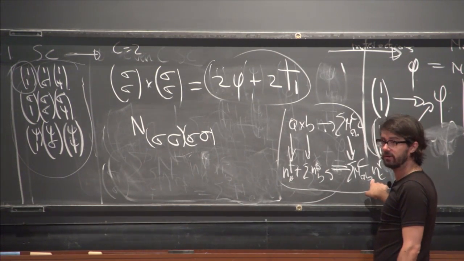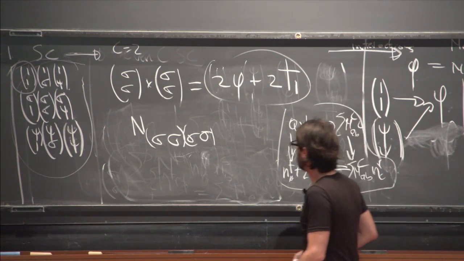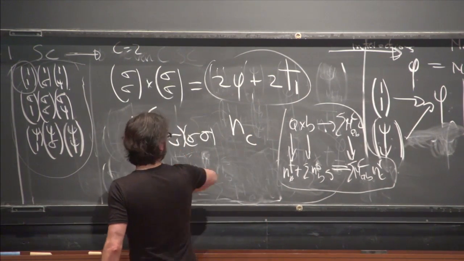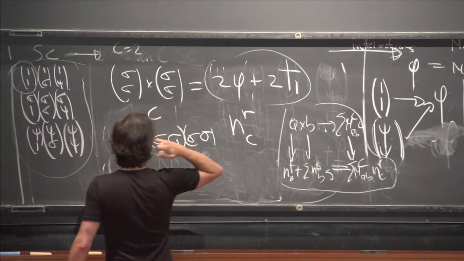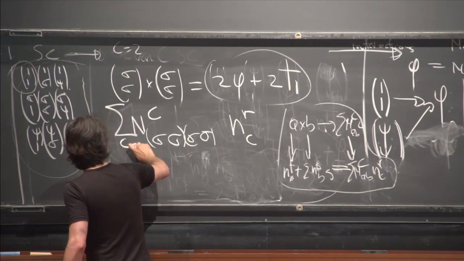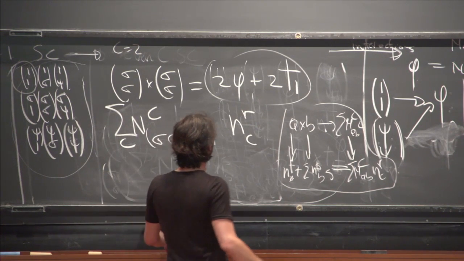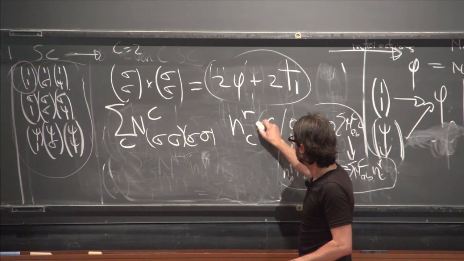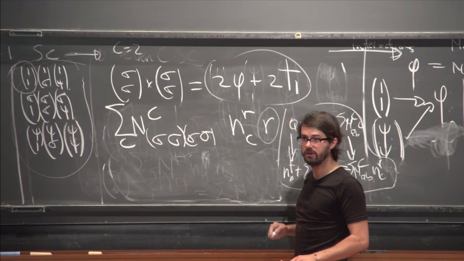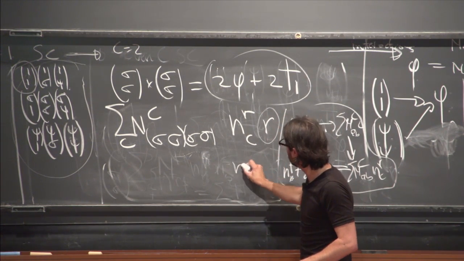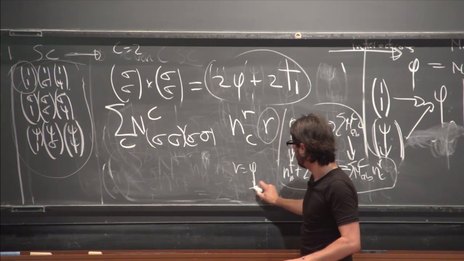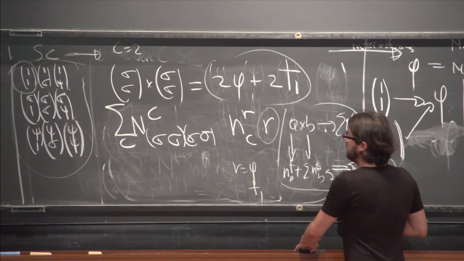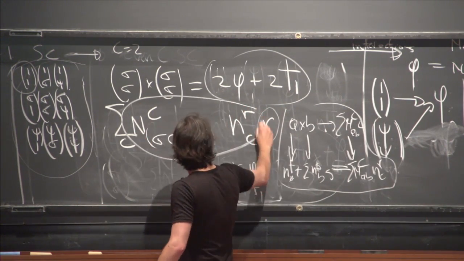Sigma sigma particles, sigma sigma particles. 2C NCR, sum over C times the particle R here. This particle R is in the new theory. This particle R is phi and T1. In this case, what I mean is that this coefficient is 2.